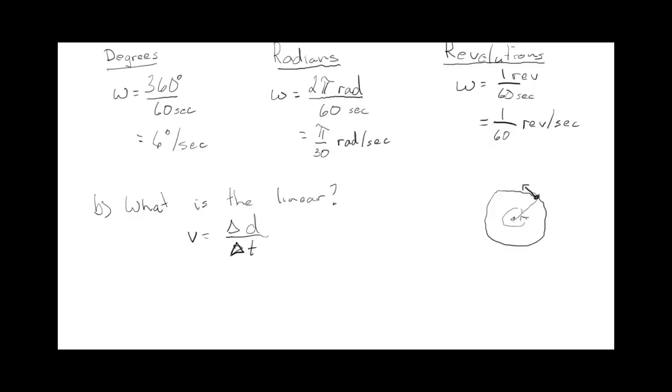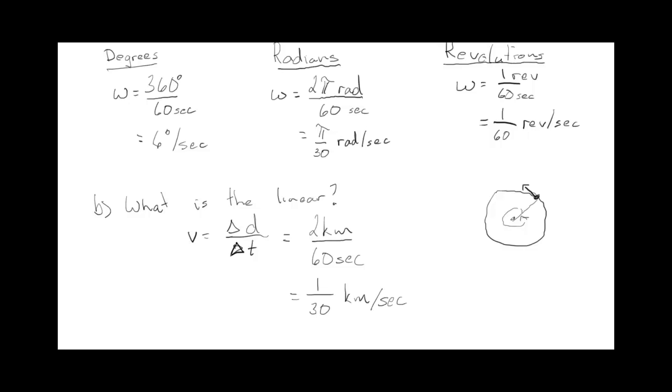The time, we were told, is 1 minute. It takes 1 minute to get around the track. And the distance is 2 kilometers, the circumference of the track. So the change in distance would be 2 kilometers over 60 seconds. That would be 1 over 30 kilometers per second.